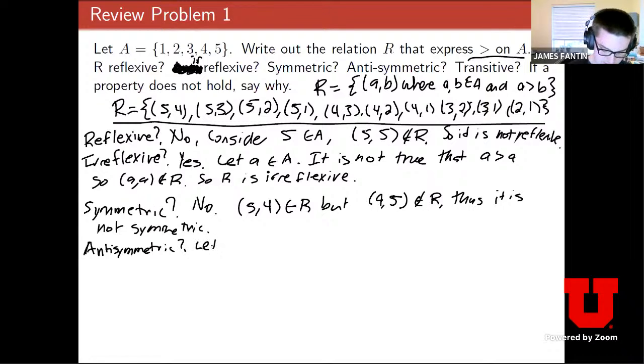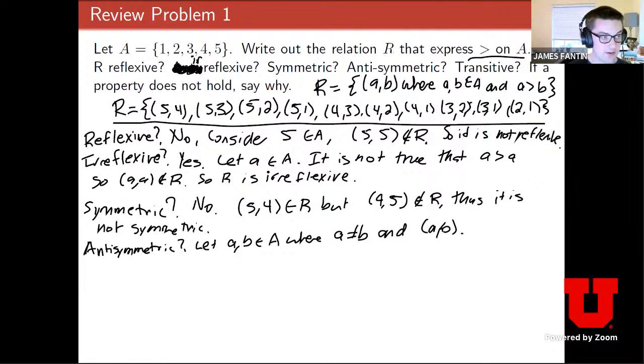So let A, B be in the set A, where A is not equal to B, and A is related to B. Then we need to conclude B comma A is not in the relation. That's just what it means to be anti-symmetric.